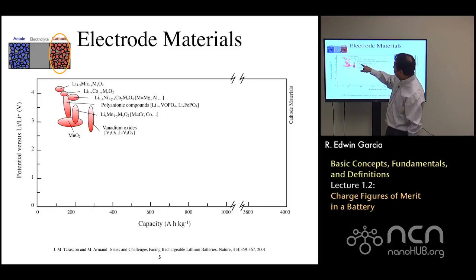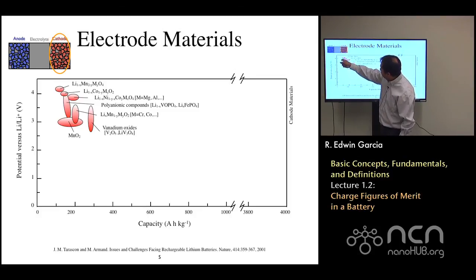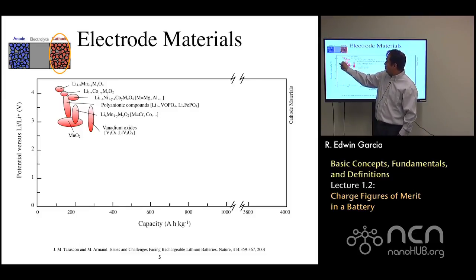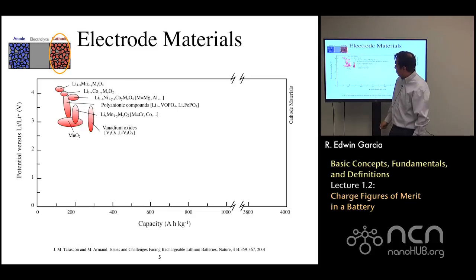You can see here for lithium-ion batteries, the manganese metal oxide systems will have very large voltage, above 4.4 volts. You have the manganese oxides, MnO2s, down here around 3 volts. And notice that, at least the way this plot is sketched out, the material that has a large voltage will give me a lower amount of charge, while a lower potential could give me a higher capacity in comparison.